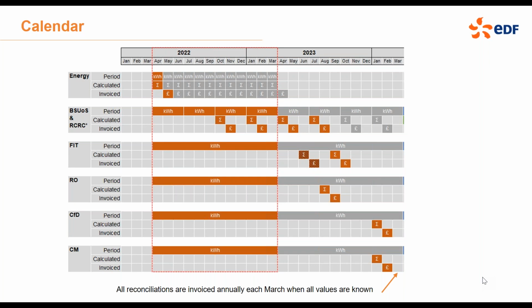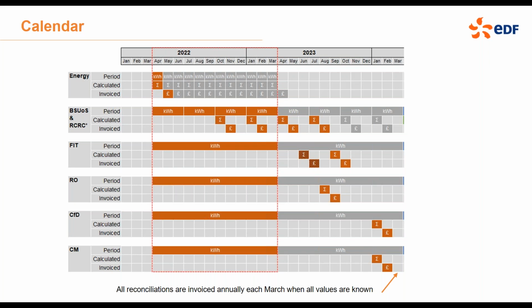That's essentially because, as I alluded to earlier in the presentation, the CFD scheme entered into contracts with a number of generators at a strike price, the price that was agreed, which was reflective of the market conditions, or a forward view of the market conditions, when those agreements were made. I'm happy to use the example of Hinkley Point C, which has a CFD in place.